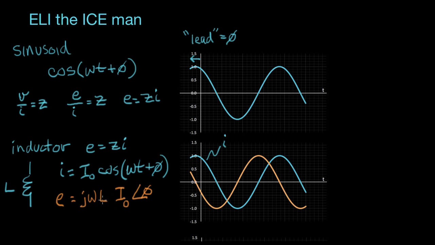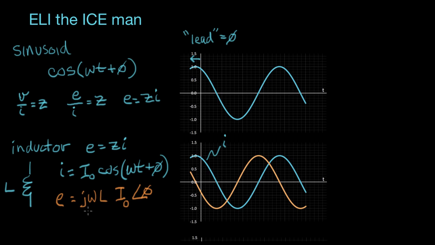Now what we have out here in front of I is a scaling factor. There's this complex j that we'll take care of in a second, and there's omega L. So omega is the frequency and L is the size of the inductor. Now for the purposes of this video, when I plot out the voltage over here in orange, we're going to assume that the scaling factor omega L is 1, just so that we can focus on the timing relationships between the current and the voltage.